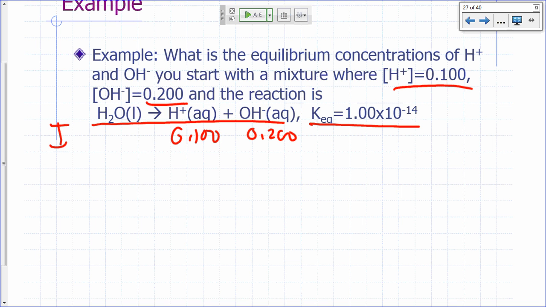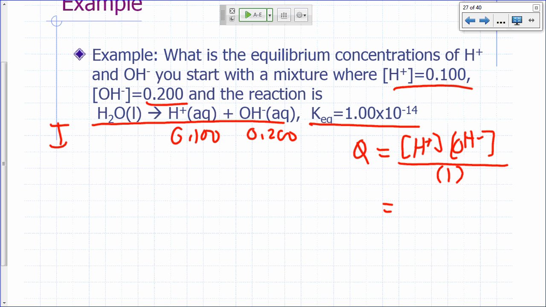Okay? What's our Q? Products over reactants. So it's going to be H plus times hydroxide over the activity of a liquid, 1. Right? And the exponents, the coefficients here are 1 and 1.